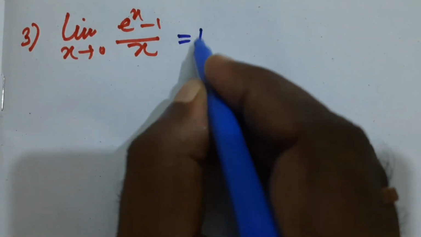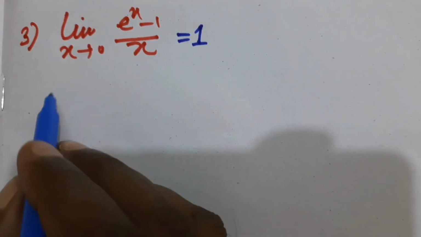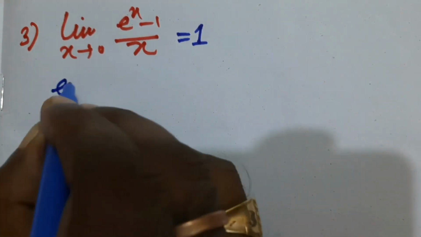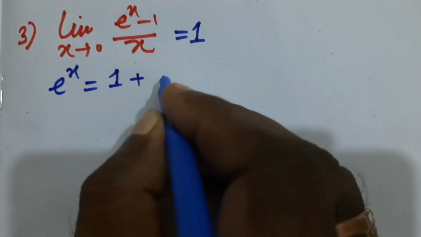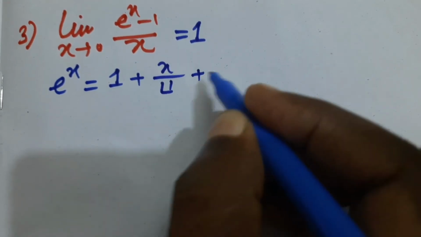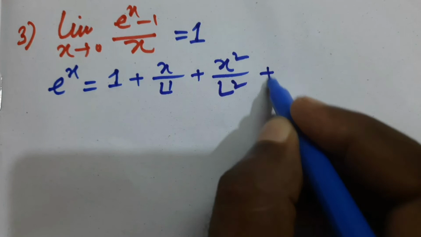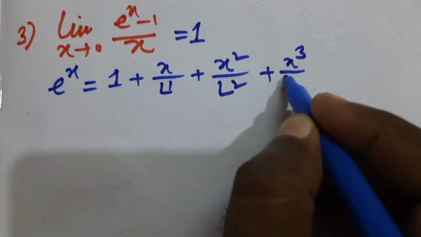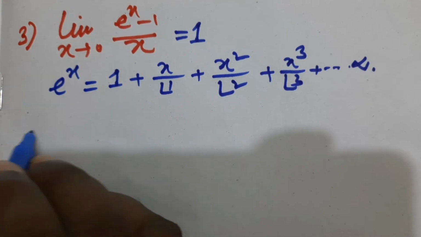We have to show this is equal to 1 using the e series. So the exponential series: e to the power x is equal to 1 plus x by factorial 1, plus x square by factorial 2, plus x cube by factorial 3, dot to infinity.